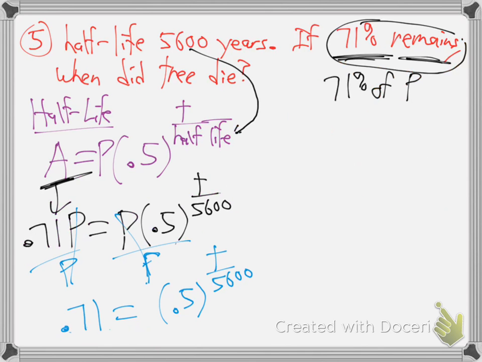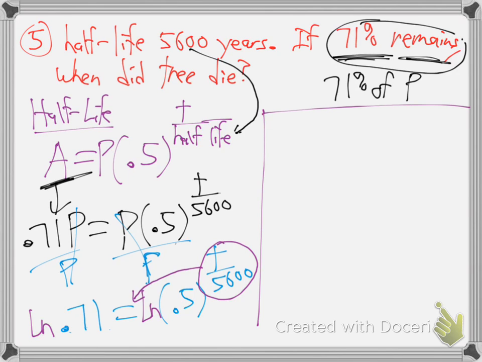So the base is already alone. I'm going to ln both sides, and that whole thing will drop down. So this will be ln 0.71 is T over 5,600 times ln 0.5.